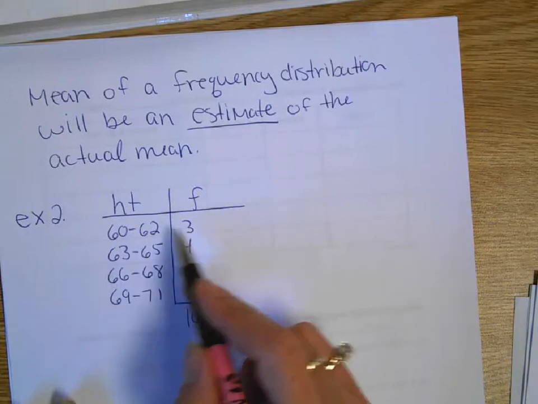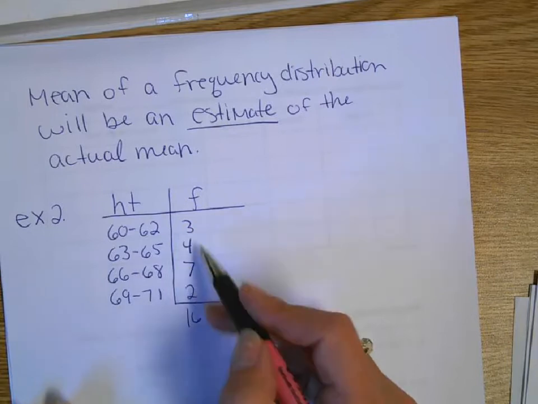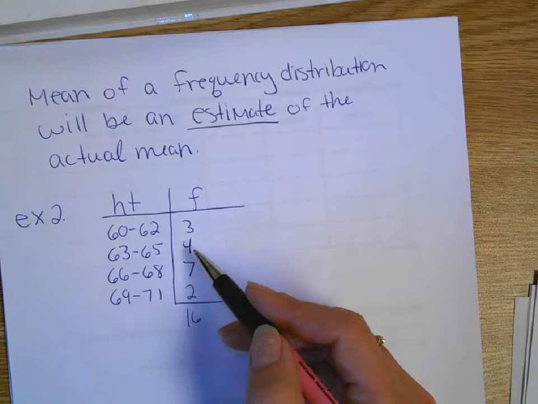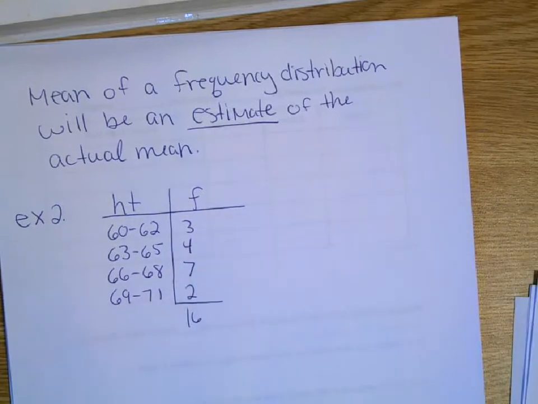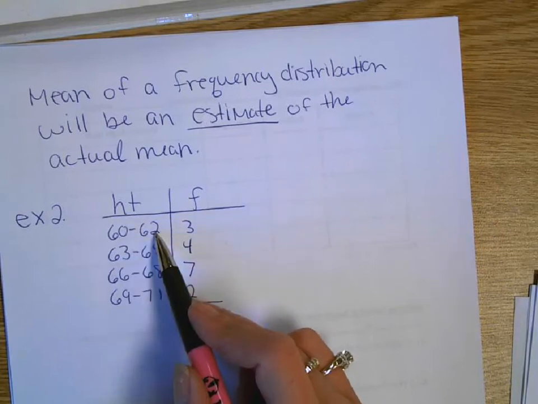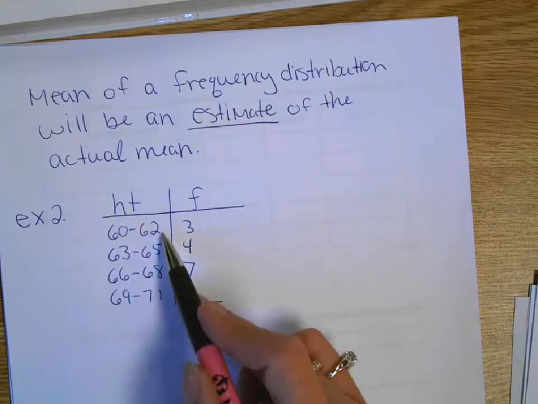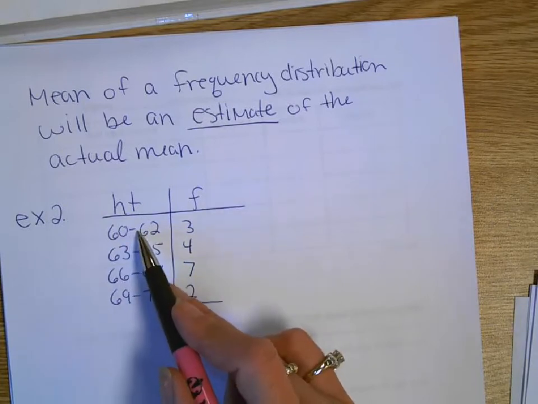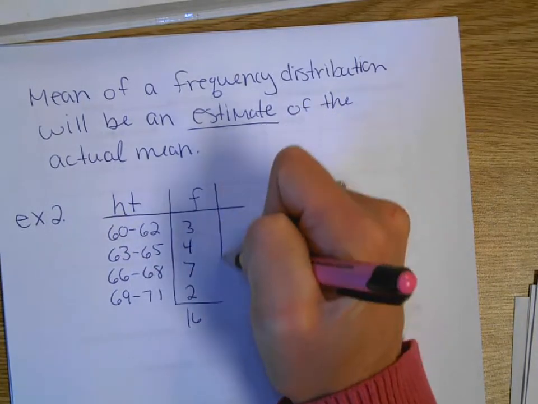I don't know exactly what their heights were. So that's why we call it an estimate. And an estimate doesn't mean, oh, just look at it and grab a number. There's a process we're going to go through. So think about it. If I know I've got 3 girls in this range, what would be my best estimate for these 3 girls? Well, if you think about it, we're probably just going to use the midpoint, and we are going to use the midpoint. So I'm going to put that midpoint column in.